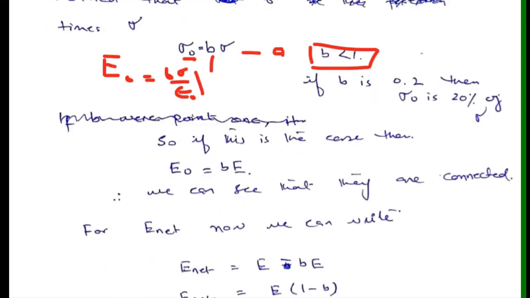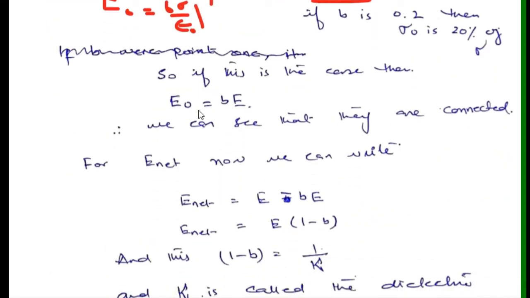So now I have the relationship between the induced electric field and the electric field already present in the capacitor. So easily we can see that these two are connected to one another.